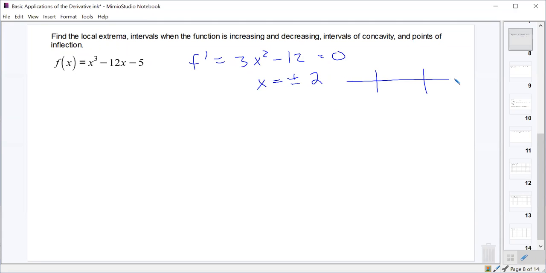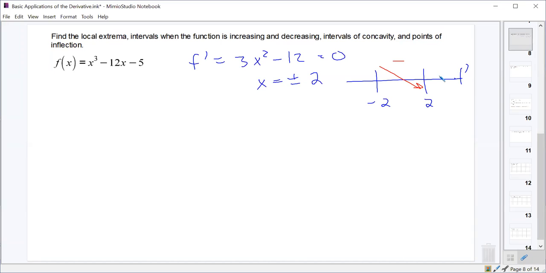So first off, we're going to do this both ways just for fun, we can make a sign chart to see if these are locations of local maxes or local mins. The sign chart will also help us determine when the function's increasing and decreasing. So we'll take something between -2 and 2, like 0, and plug it into our derivative. If I plug in 0, I get a negative, which tells me that my function is decreasing.